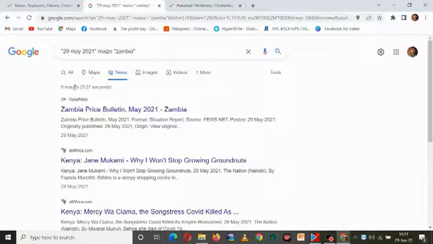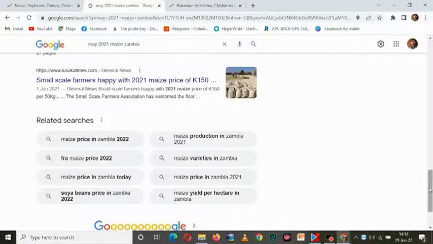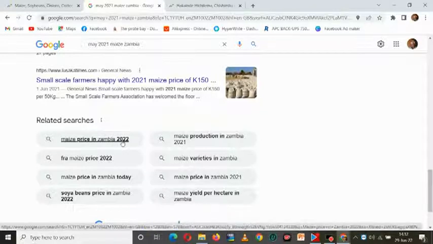So now the other thing that can help us are related searches. So you can see there, maize price in Zambia 2022. That means there could have been something that was discussed there. So maize price in Zambia today.